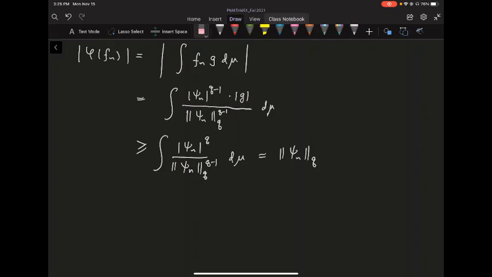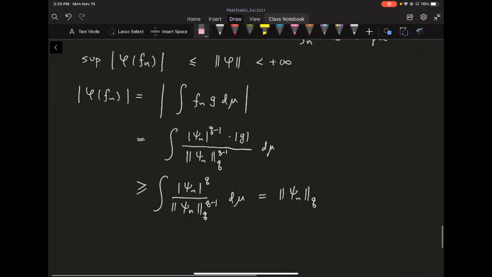So now we see the q norm of each of these psi n is bounded above by the absolute value of phi of fn, which if I go back here, is bounded above by the operator norm of this function phi. So here, if you recall, these psi n will converge to the absolute value of g pointwise. So each of these psi n raised to the power q will converge to g to the power q pointwise.